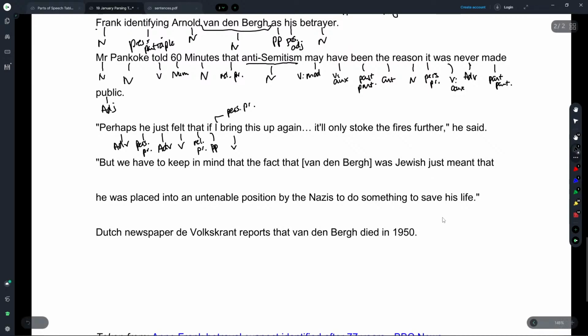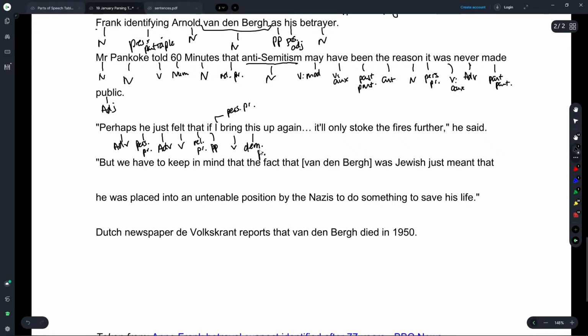Minutes is a noun. Right, so perhaps he just felt that if I bring this, in this case we are pointing at something, so this would be a demonstrative determiner, a pronoun, sorry, a demonstrative pronoun.